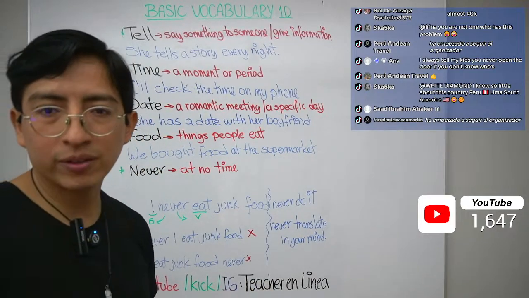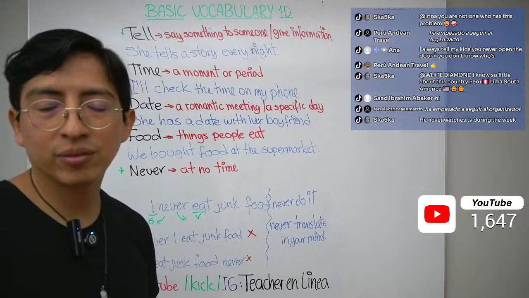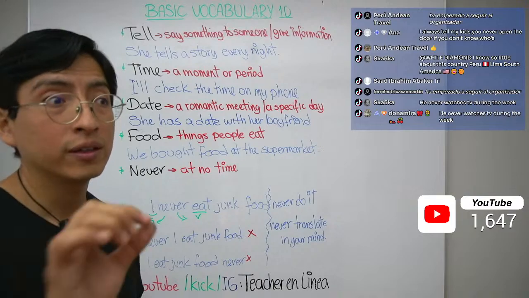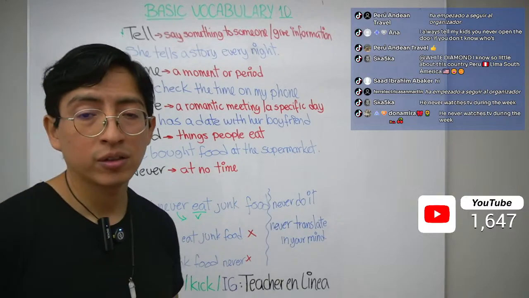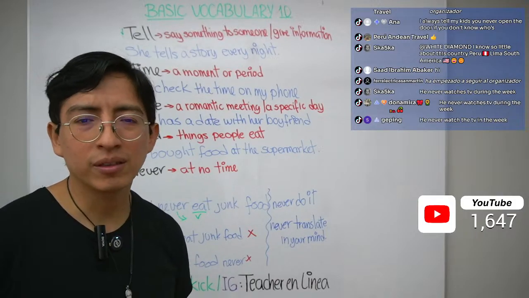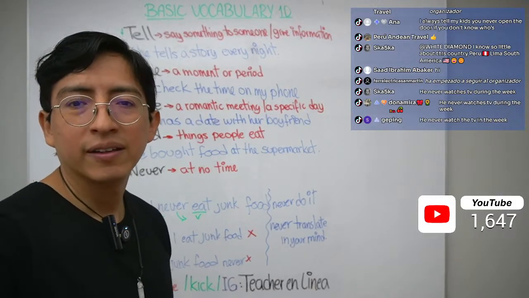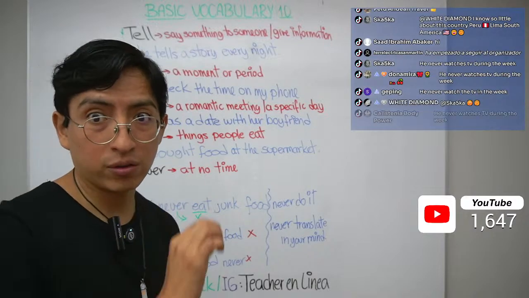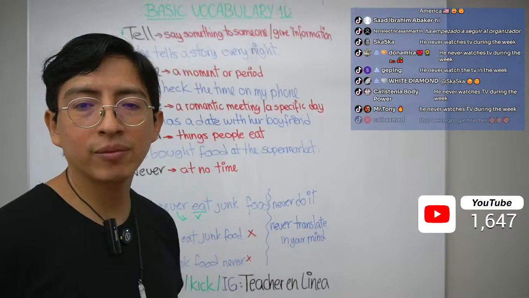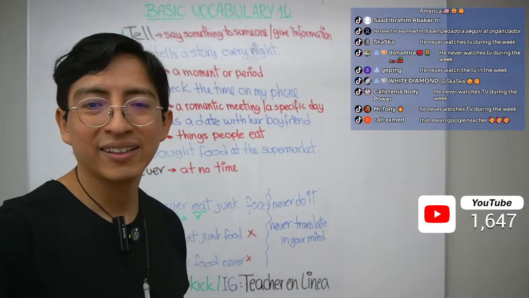I always tell my kids you never open the door if you don't know who is there, no? Other possibility, or who is at the door? Yeah, good job. I have never spoken in English to anyone.